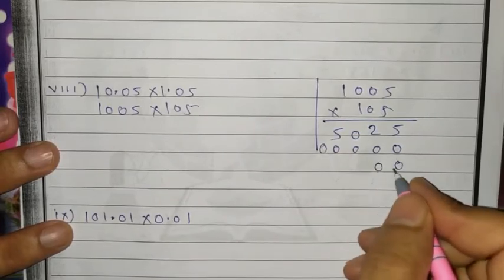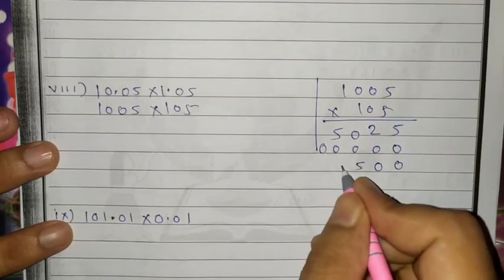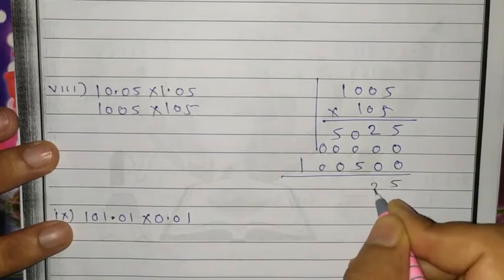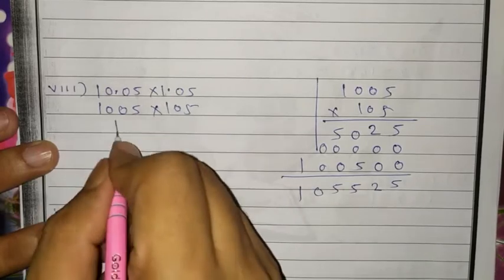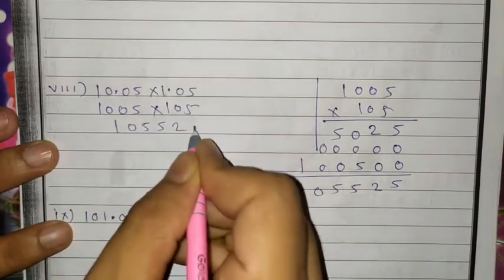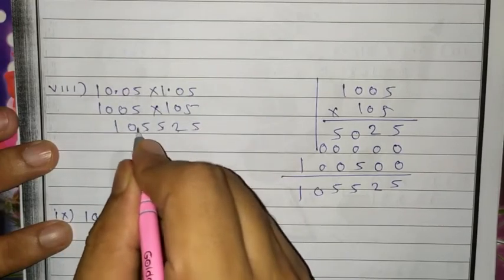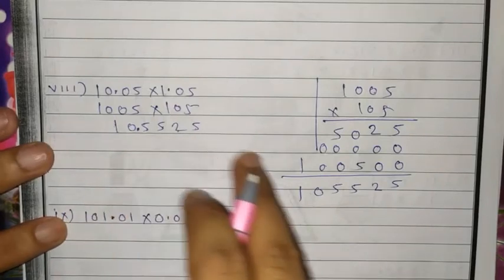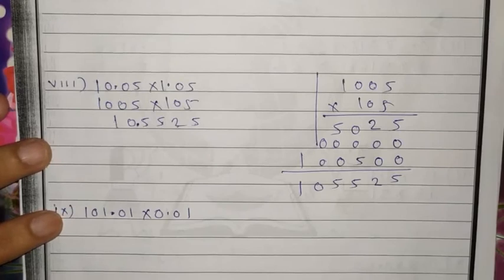Then 2 0 as it is you write, then 1 is there, so write all the numbers as it is, 5 0 0 1. So here it is 5 2 5 5 0 1. So our answer is 1 0 5 5 2 5. So after the point total 4 numbers, 1 2 3 4. So our answer is 10 point 5525. So after the decimal point we got 4 numbers.